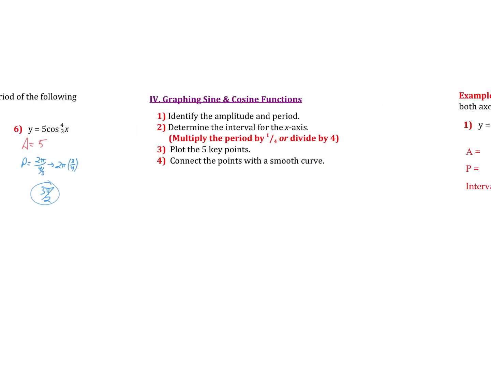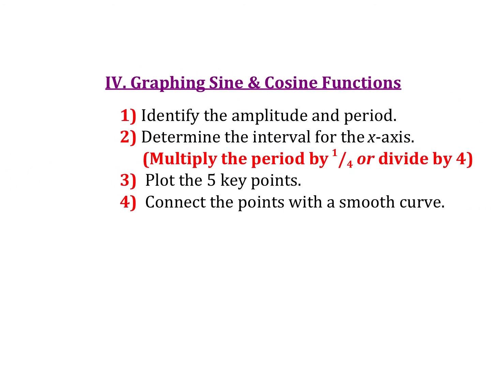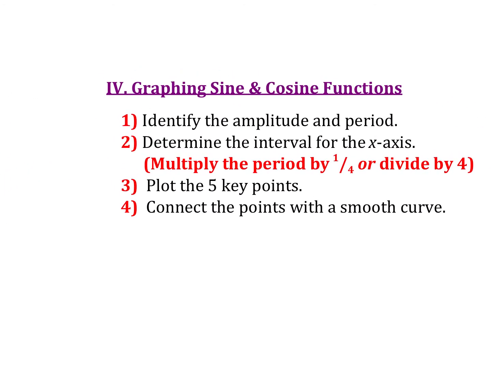Let's get to graphing. So, to graph a sine or cosine function, first we'll identify the amplitude and period. We just did that. And then we need to figure out the intervals for the x-axis. The way we do that, and I mentioned this earlier, is we're going to mark the period at the end of our x-axis that we have drawn out, and then we're going to chop it in half, and then we'll chop each half in half.